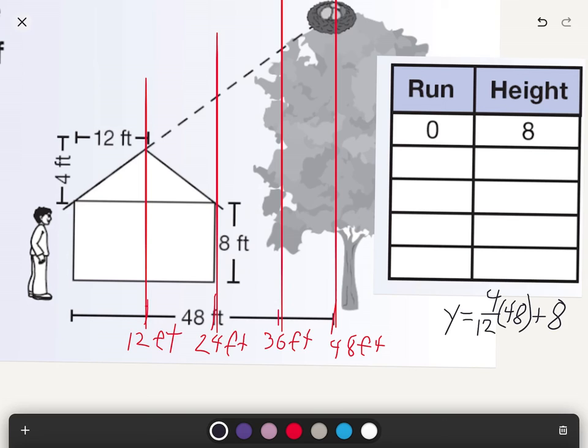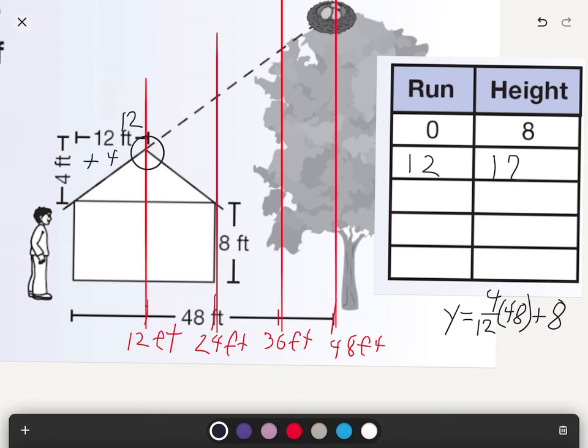So when we run forward 12 feet, we are going to be rising 4 feet above our 8, right? So we're going to do plus 4 to get to here. So at that point will be 12 by 12 feet. Wow, that's a good color for that. Okay.